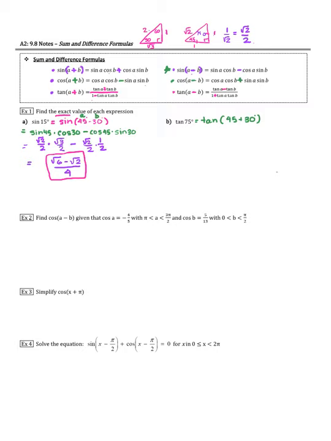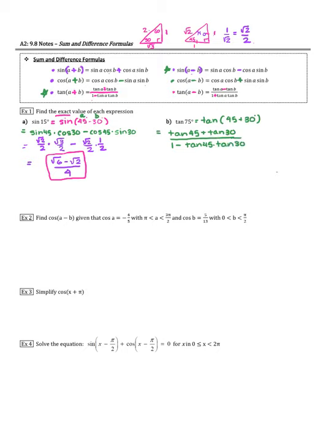That would then use this identity here, tangent A plus B. So first thing we want to do is expand it. So this will be tangent of 45 plus tangent of 30, all divided by 1 minus tan 45 times tan 30.